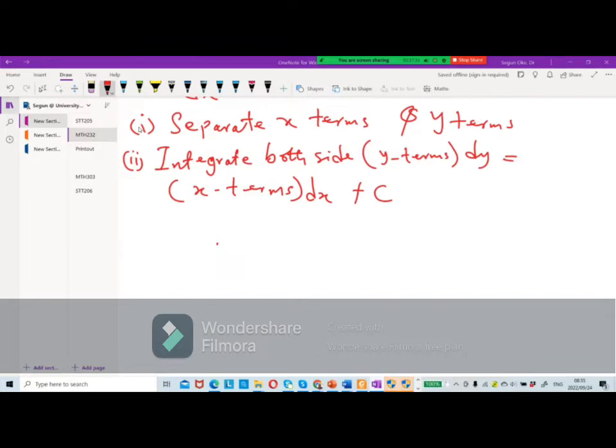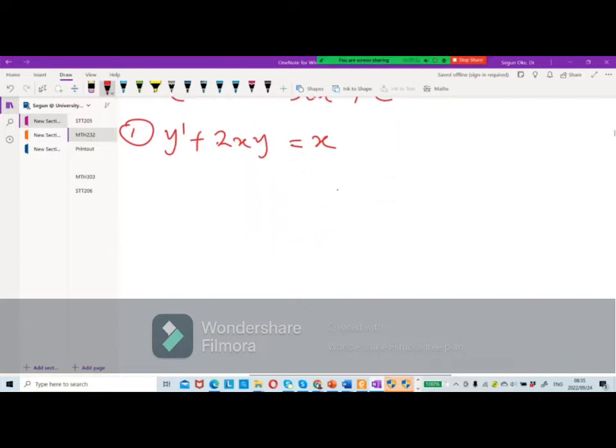Now, the first example says, y prime plus 2xy equals x. Y prime plus 2xy. Remember, all you need to do is change this to dy/dx.